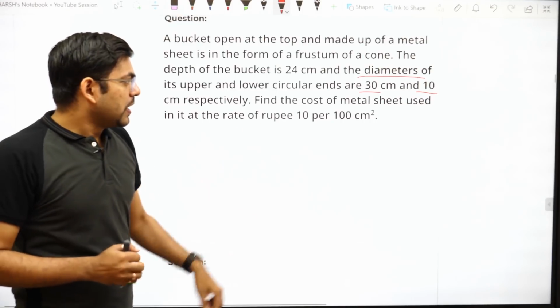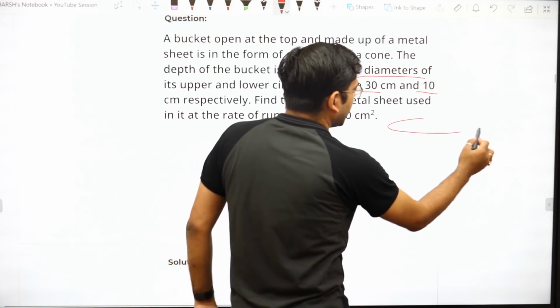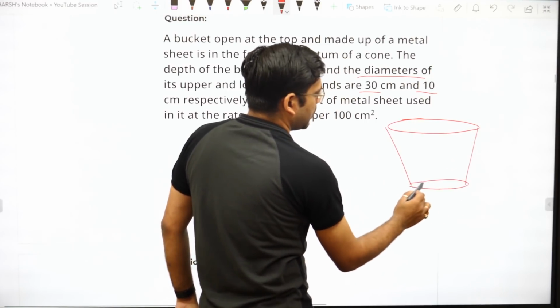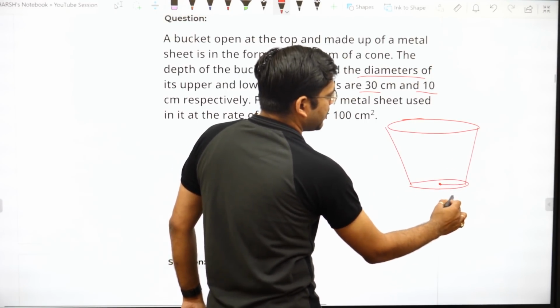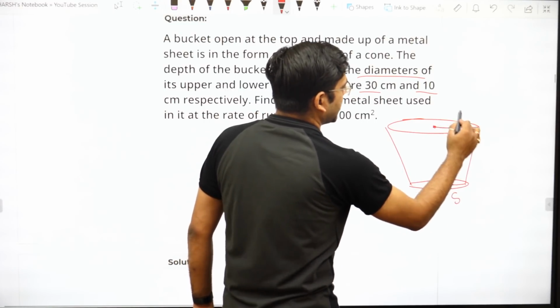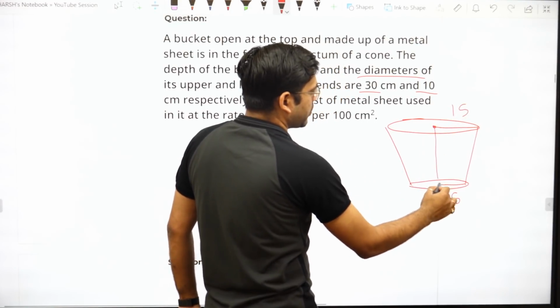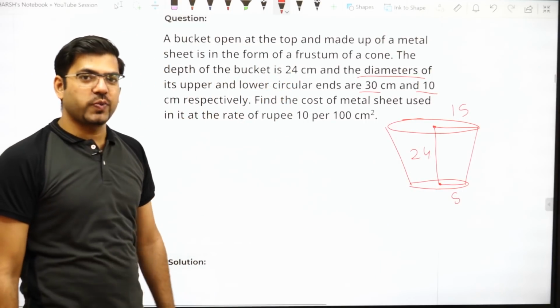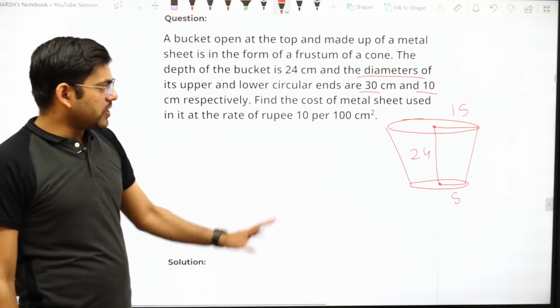So the frustum would be like this. This is 5 centimeter, this is 15 centimeter and this is 24, given depth of the bucket is 24 centimeter. So all these figures are given.